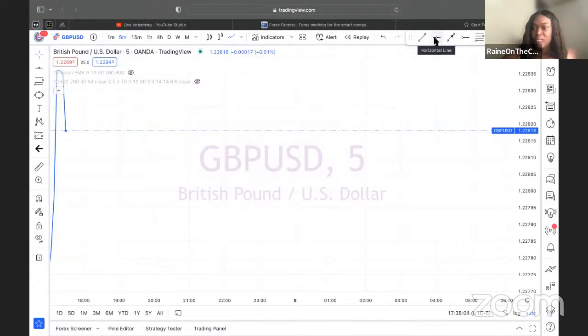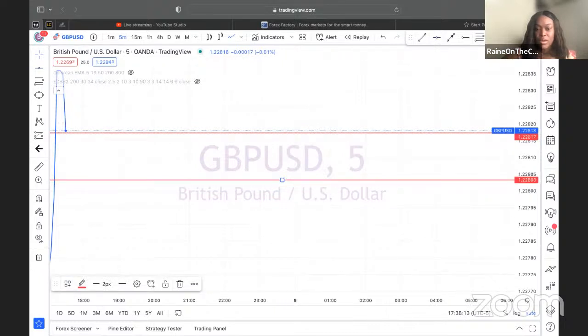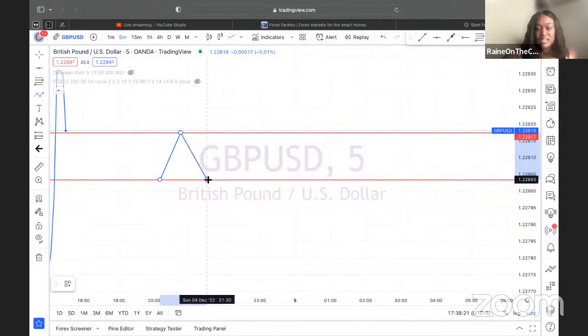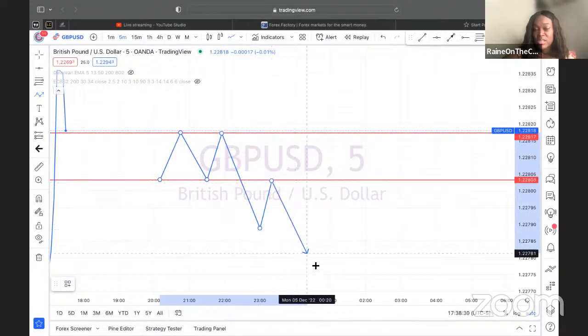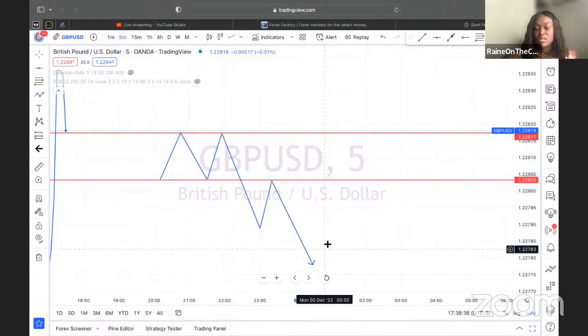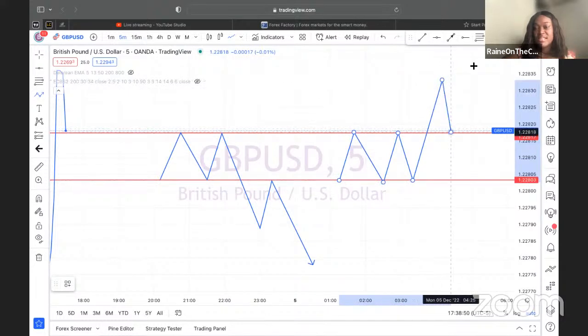Now, if you're trying to trade in a ranging market, it may go like this a couple times, but then it's either going to break to the bottom, retest, and keep going, or it's going to break above, retest, and keep going.